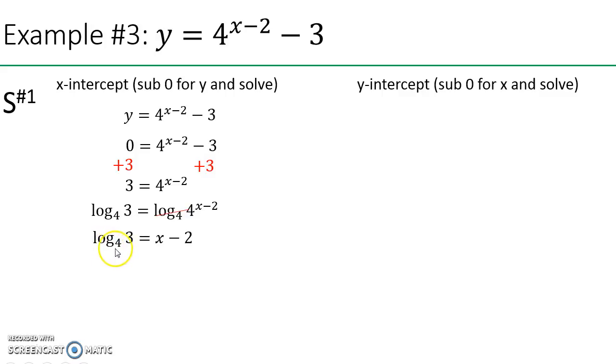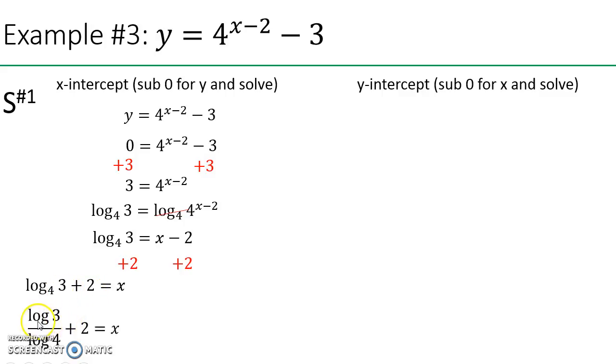Over here we have log base 4 of 3. Now we do our change of base formula, ladies and gentlemen. Change of base formula simply is log of big number divided by log small number. So we have log 4 here plus 2.